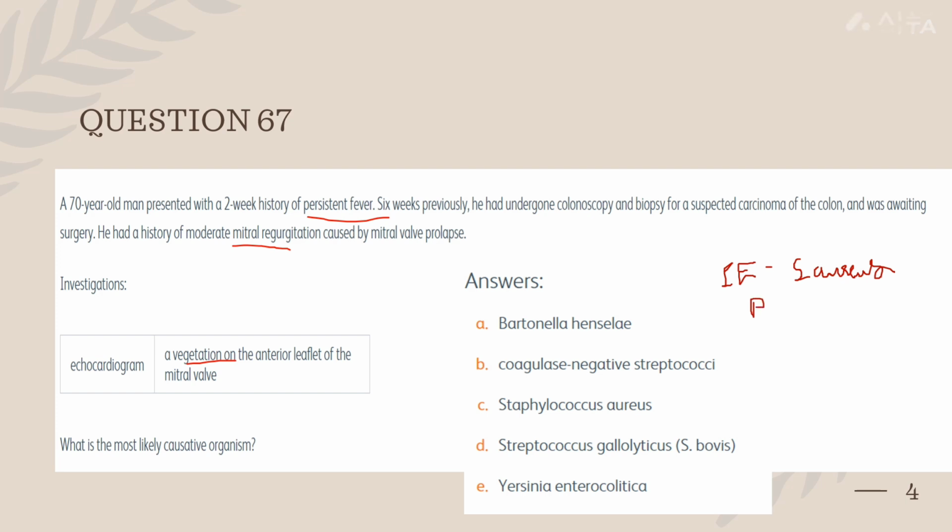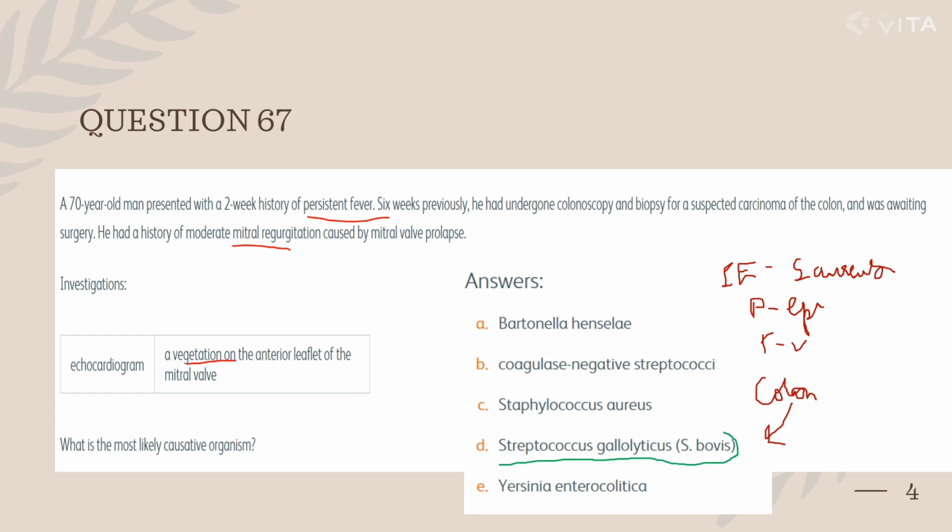With prosthetic valve, it is epidermidis. With tooth infection and all, it is viridans, Streptococcus viridans. Association with colon cancer is Streptococcus gallolyticus or bovis.